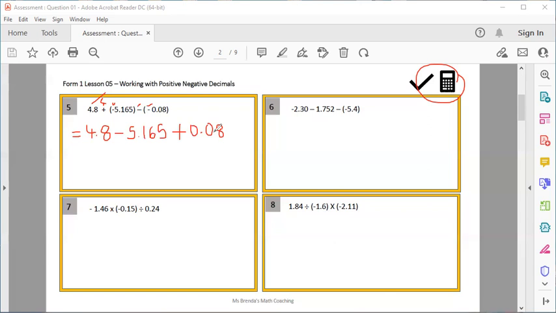Press the equals. What do you get? Negative 0.365. That's right. So you write here negative 0.365. Now after that, you must plus with 0.08. Correct or not? So you plus that answer with 0.08 and tell me what's your final answer.